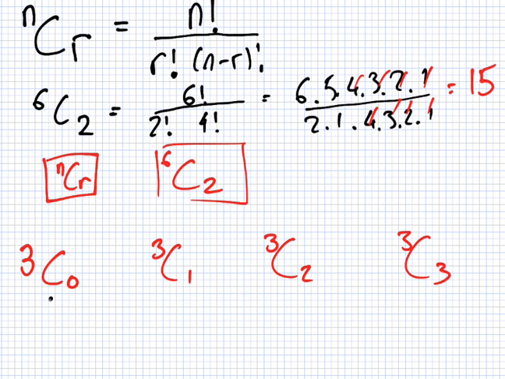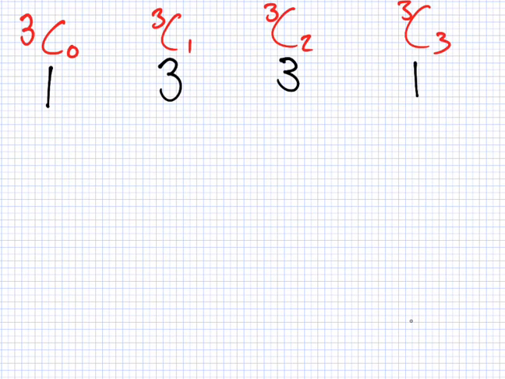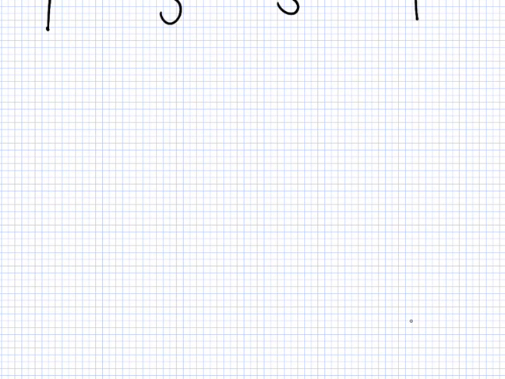What's the first one? 1, 3, and 1. Looks familiar? So these C buttons can be used to find the terms in Pascal's triangle. In fact, the triangle can be found using the calculator.